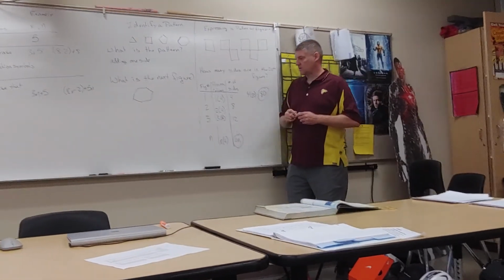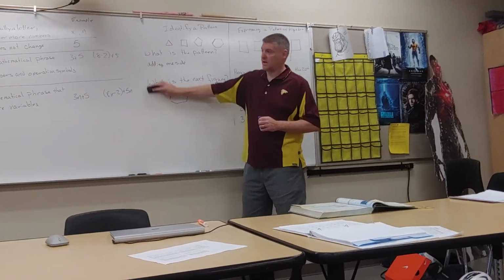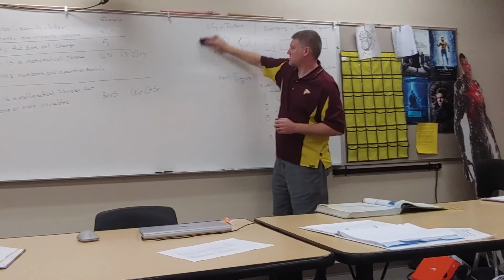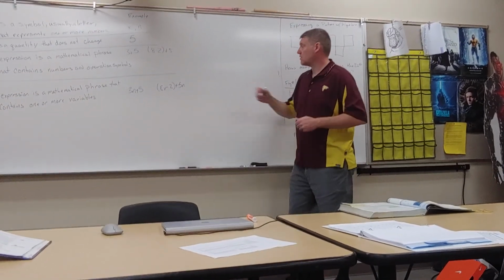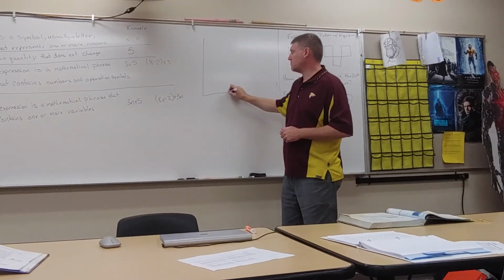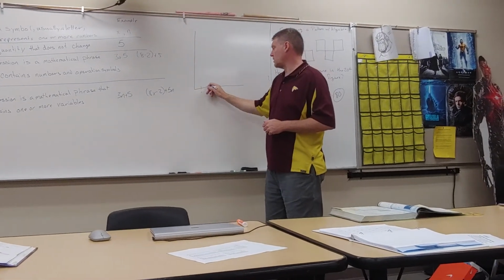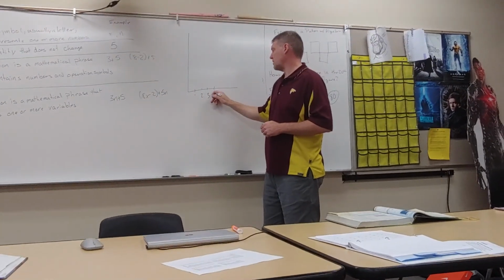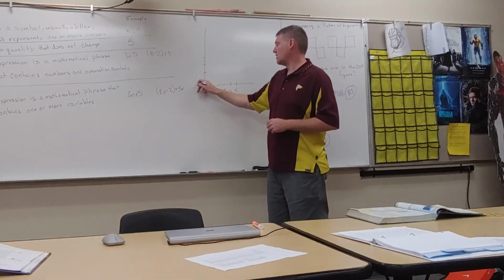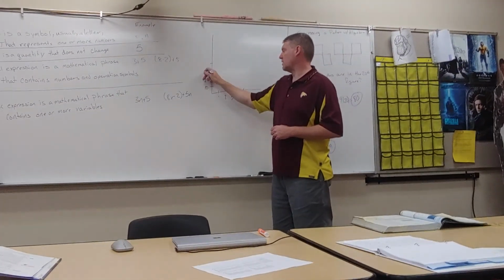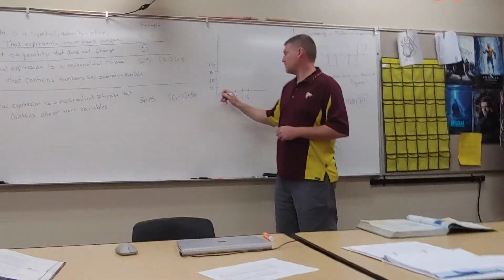Now, one of the things that we want to make sure that we understand is that these patterns can be put into graphs also. So if I had a graph here, we'll make this 1, 2, 3, 4, 5. We're going to make the side over here 10, 20, 30, 40.